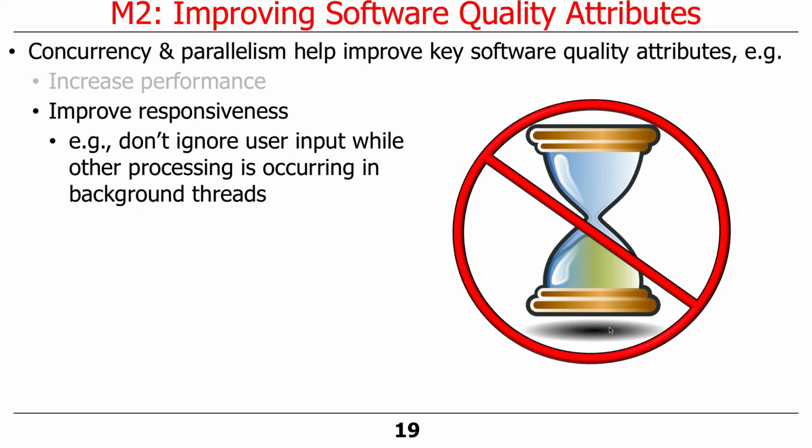Another quality attribute that's very important these days as we all become more attention deficit driven is responsiveness. People get very frustrated if their computing systems take a while to interact with them. Back in the day, this goes back to the dawn of time, probably before most of you were born, we used to have computers like Windows 3.1, and if you did some long-running task like download a file, then the system would become very non-responsive.